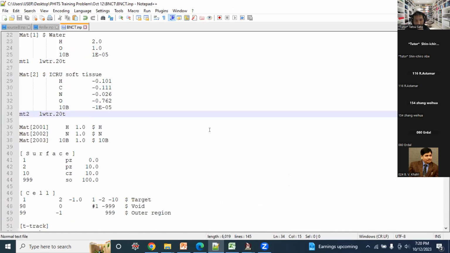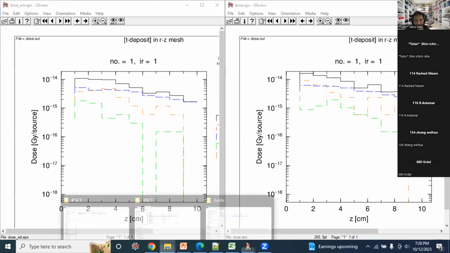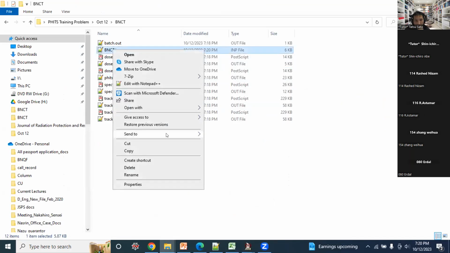Can you comment out the MT line number 34 and please run it? Without that, this is the result. I can run again if you want.